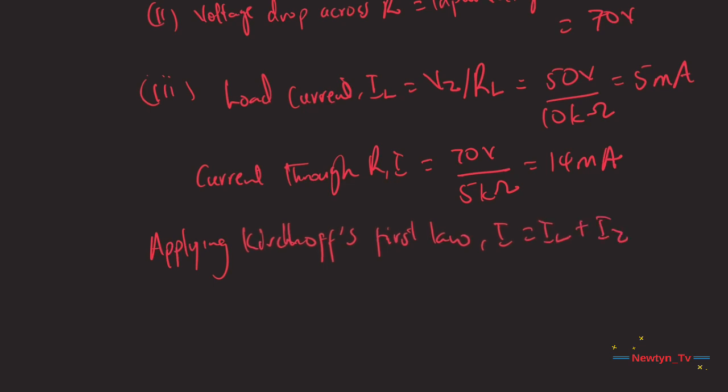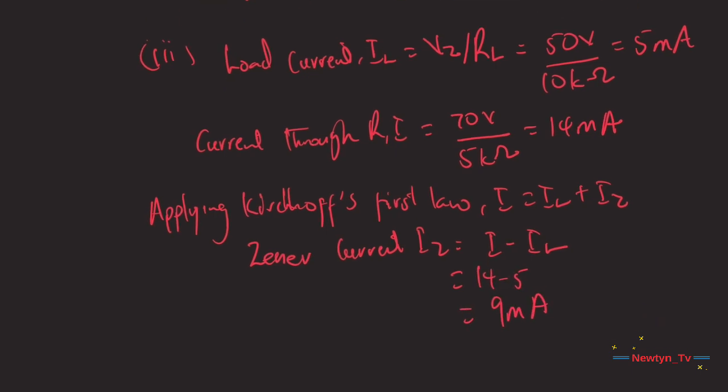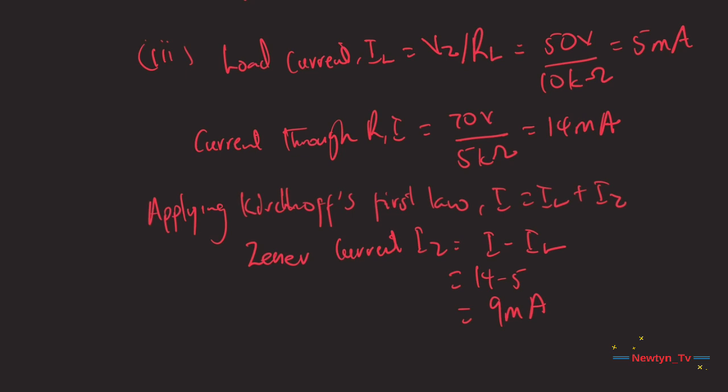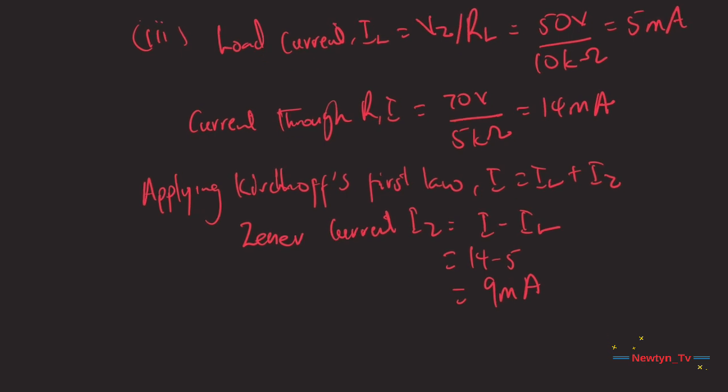Right. So the Zener current, which is IZ, will be equal to I minus IL, which when we do it, we should get 14 minus 5. Then the answer should be 9 milliampere. So it's very, very simple to do.